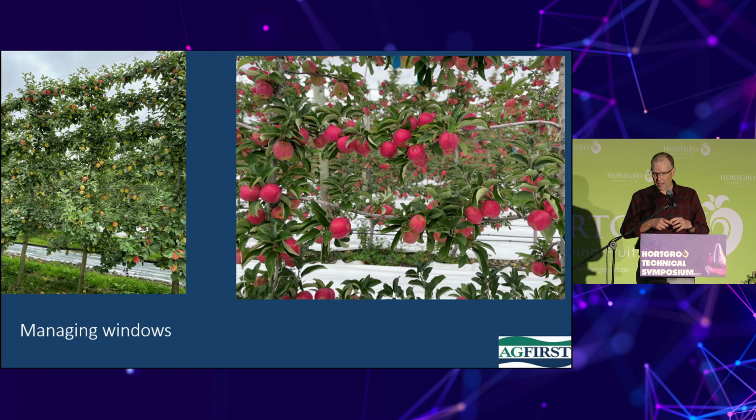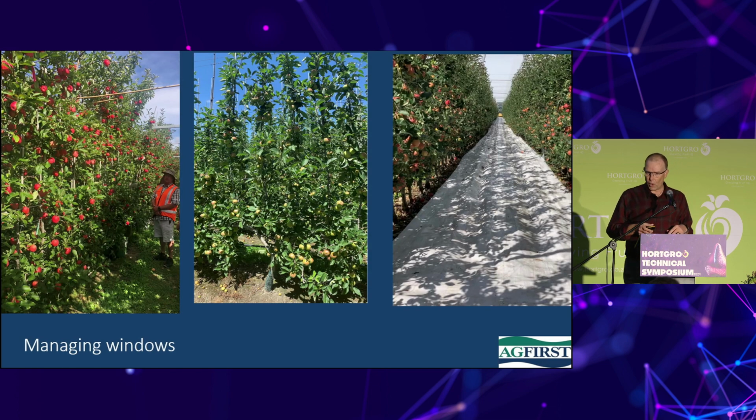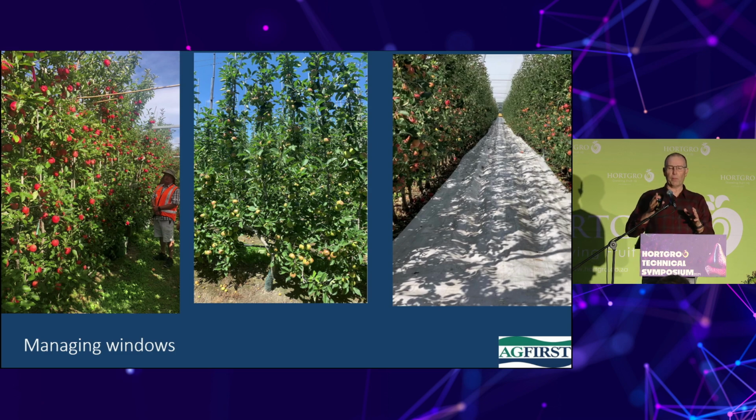rows through. The other one is managing windows, and when we're talking about managing windows, this is this thing about with formal canopies, I have this ability to create windows through the canopy. And when I'm in these vertical systems, how can I create those windows or rules around generating a window? And you might look at wire gaps within a canopy structure.